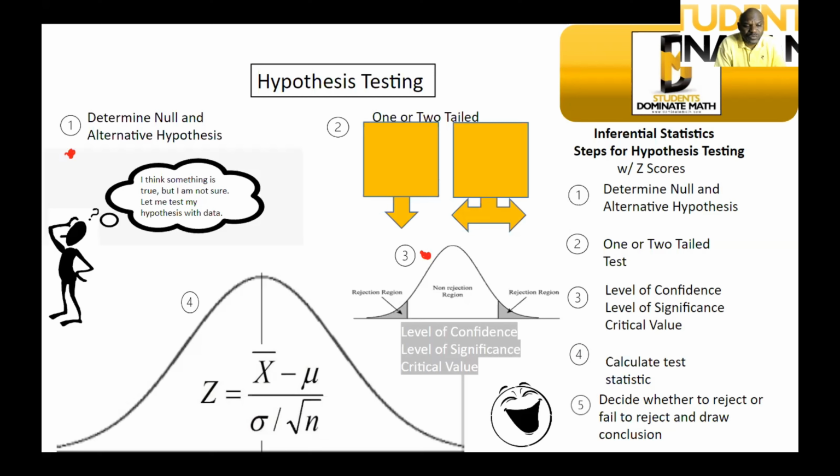Then the 4th step was to use the z-score formula, and we made certain comparisons with the critical value, which we showed you how to do.